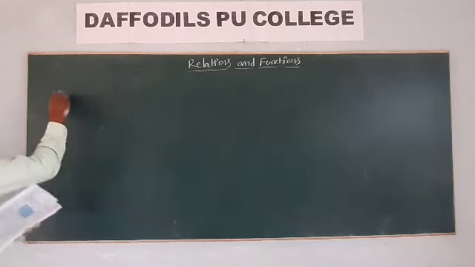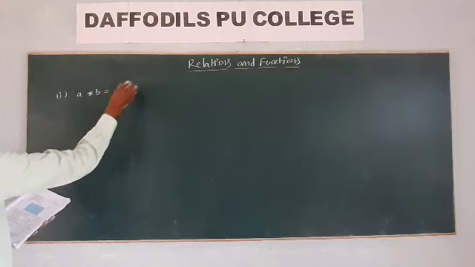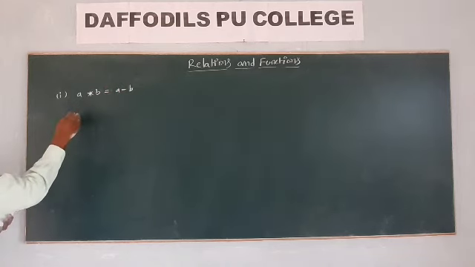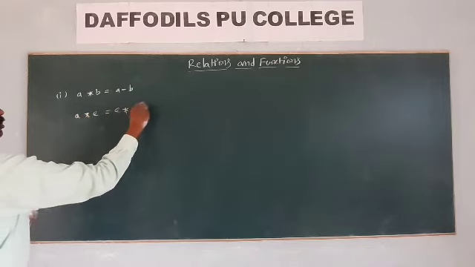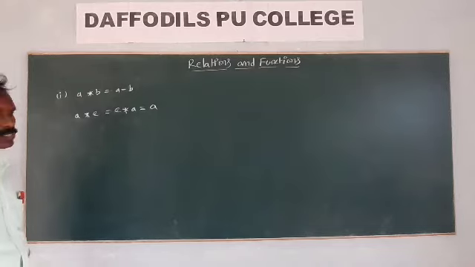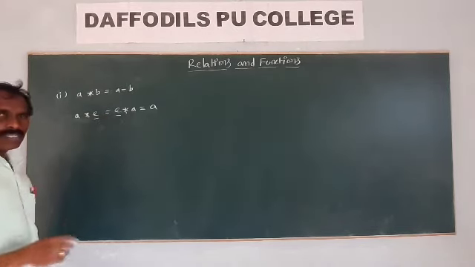Suppose we take the first one, A star B is equal to A minus B. So that is the binary operation. A star E is equal to E star A is equal to A. We show that.